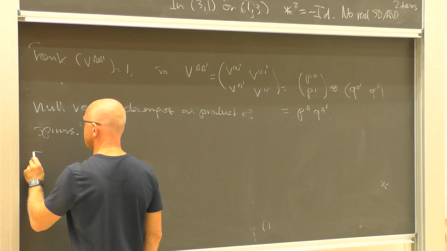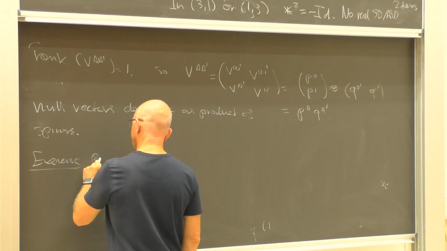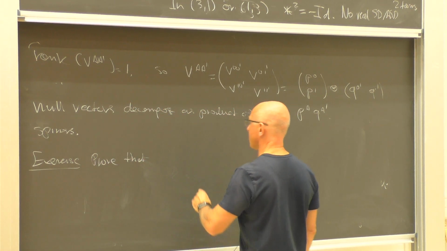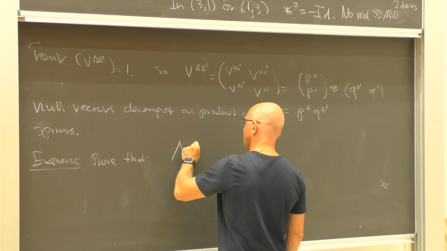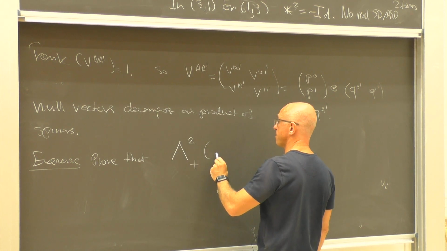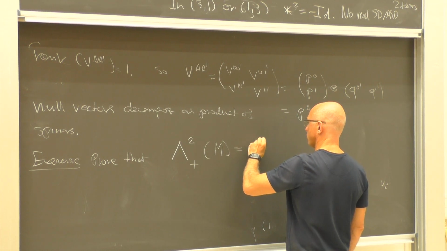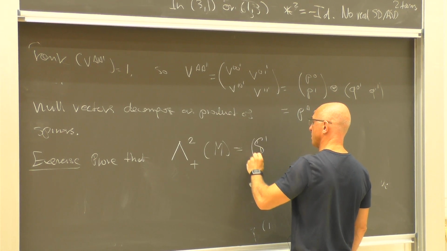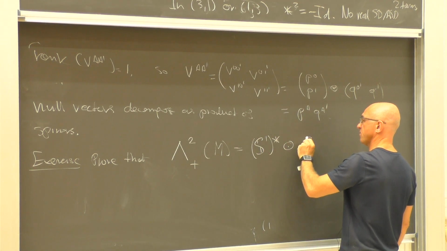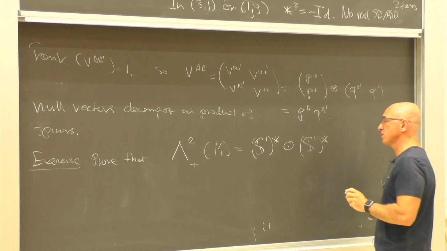It'll be an exercise for you to prove that the space of self-dual two-forms, really the bundle of self-dual two-forms on M, is the same as the symmetrized tensor product of S prime dual with itself. And you prove it by concrete calculation using indices.